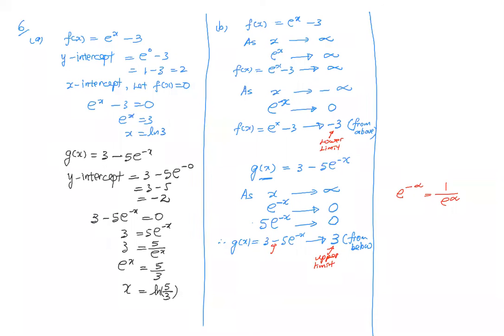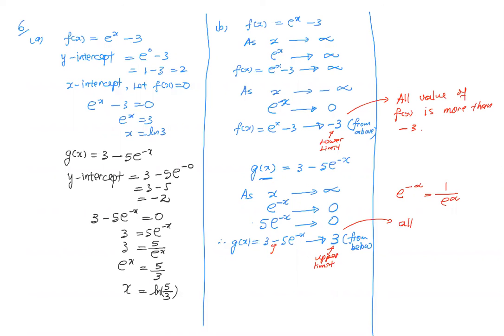So how do you interpret this? All values of f(x) are more than -3. This one, how do you interpret?